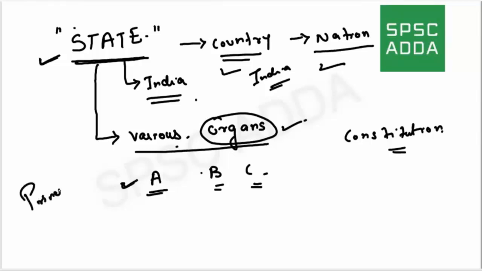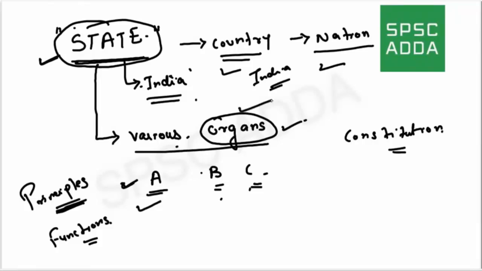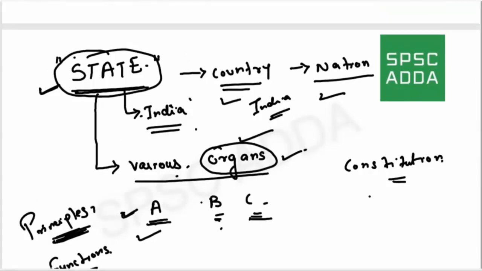What should be the principles for A, which is an organ of state, B, and C, on what principles they are working, and what should be their functions. Clear? The constitution will tell you, you can do this, you cannot do this. Somehow it is creating a restriction on the organs of state.